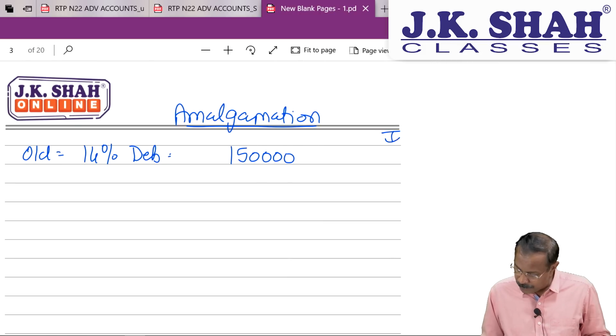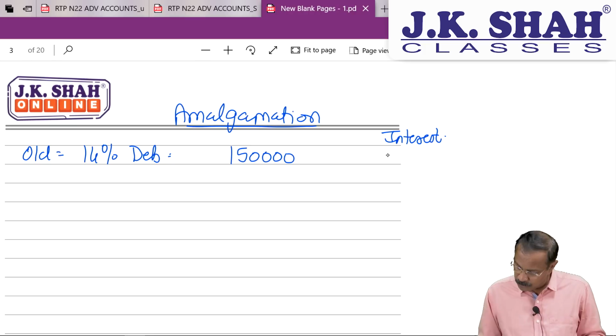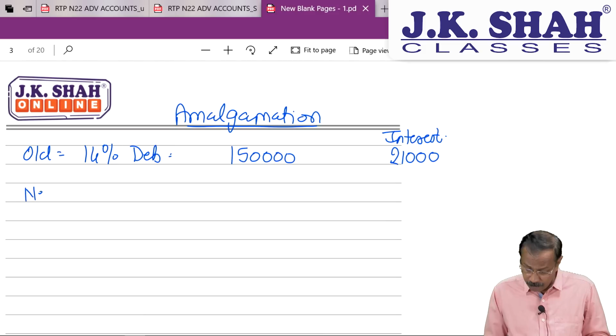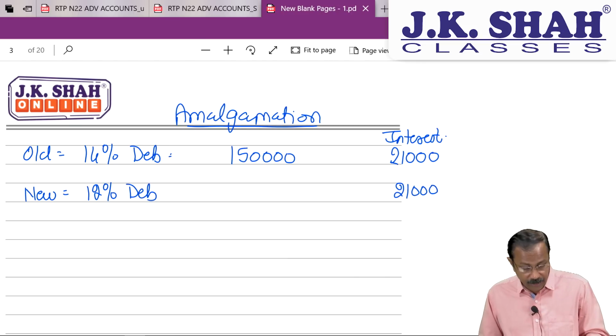So interest was, calculate 14% of 1,50,000, that's 21,000. Purchasing company is going to issue 12% debentures. Interest income should remain same. So what is the value of debentures that you have to issue?